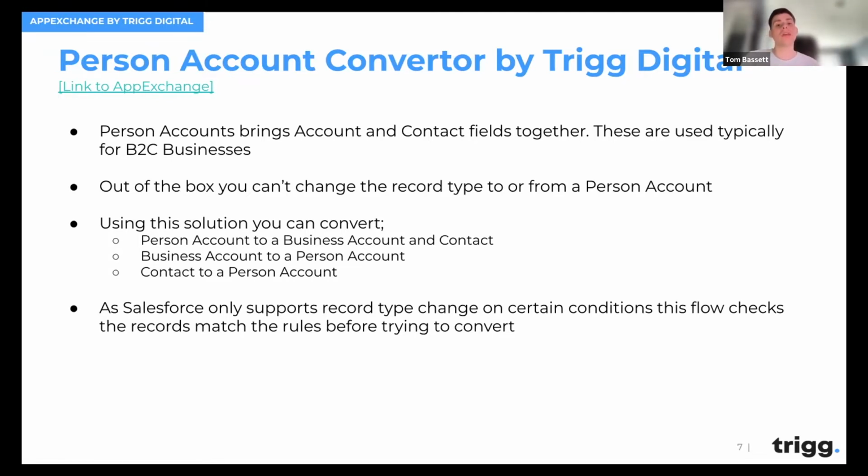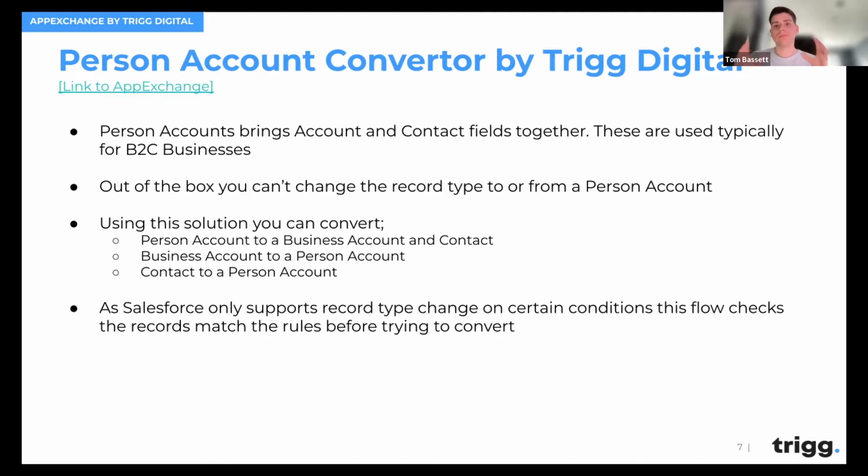So out of the box, you can't change the record type to or from a person account. If you have different person account record types, you can change between them, but you can't, for example, if a sales rep or whoever it is makes a mistake and creates it as a person account, natively it's locked as such.